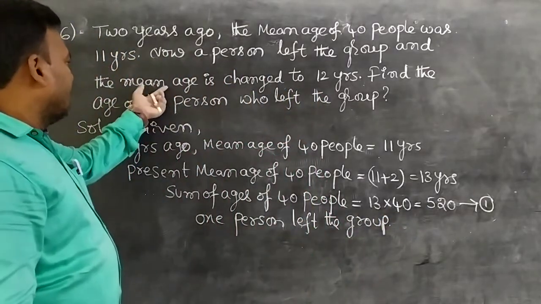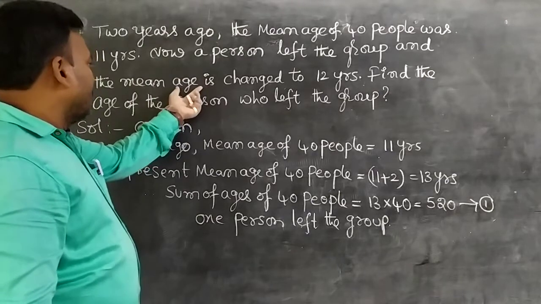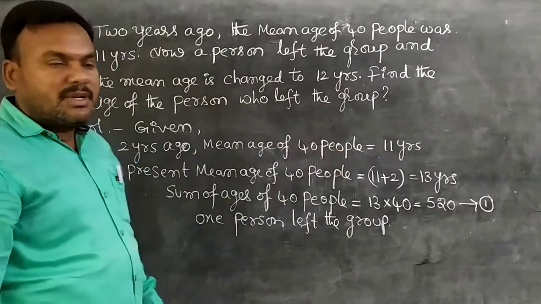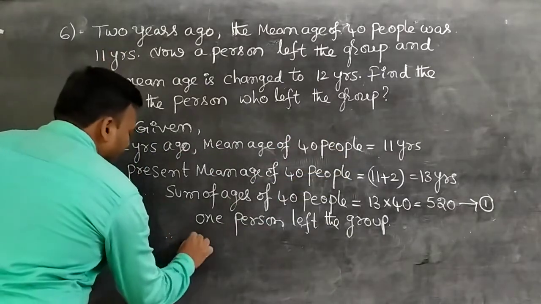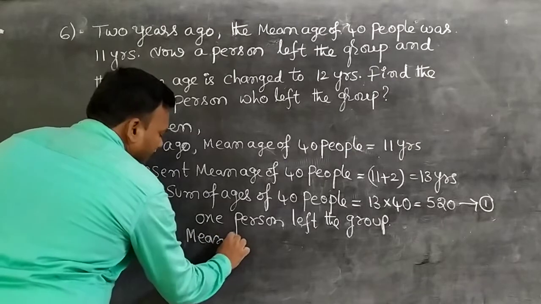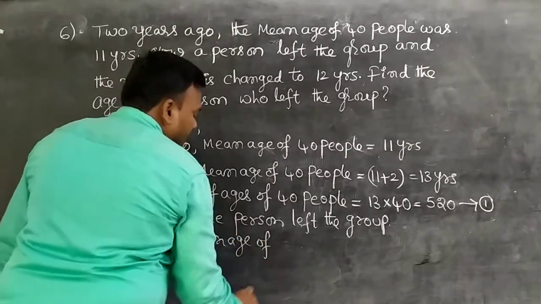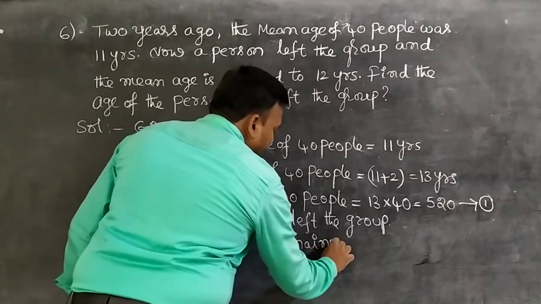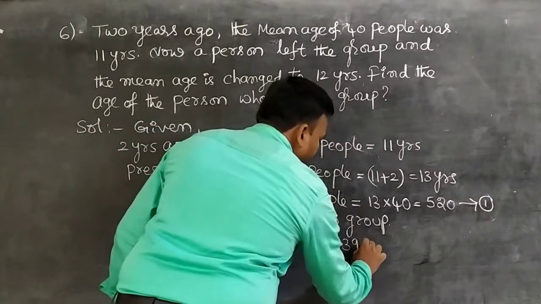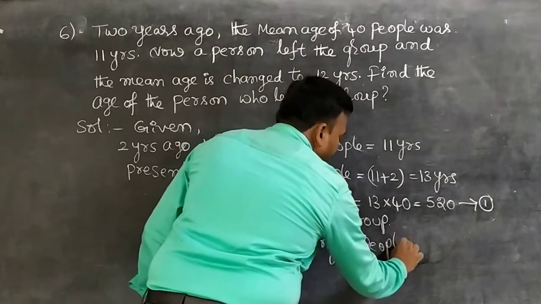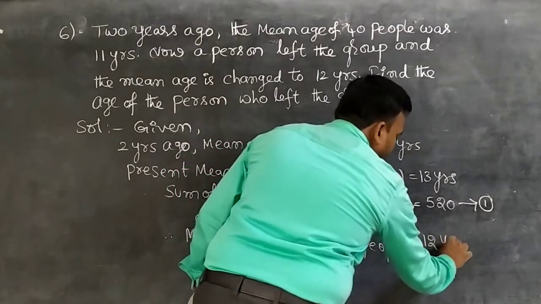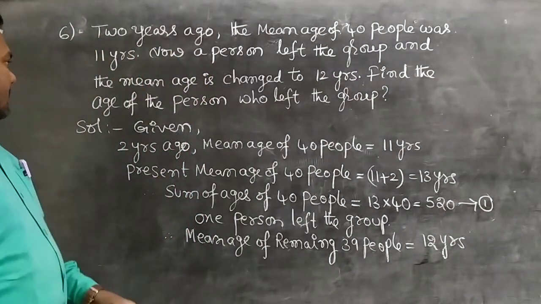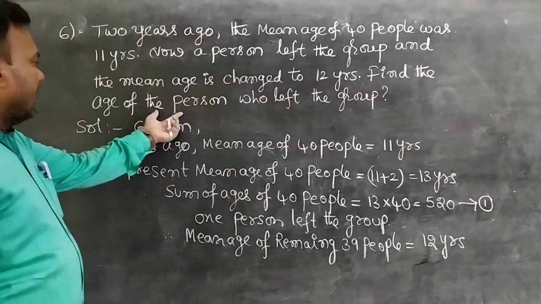One person left means automatically 39 people are there. Therefore, the mean age of the remaining 39 people equals 12 years, given, students. Then we find the age of the person who left the group.